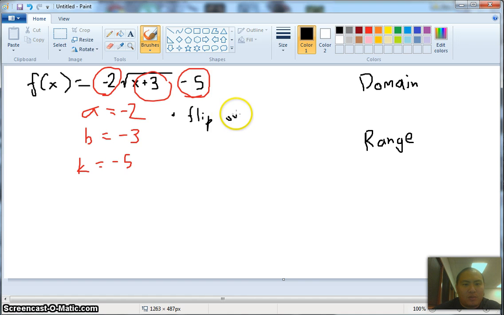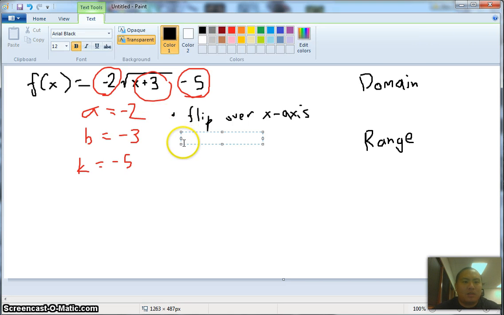The next thing will be flip over x-axis. The next thing will be stretch by 2. And then the next thing will be left by 3, because if it's a plus 3, then it means to the left 3. And you can see that when you play with the Desmos stuff.